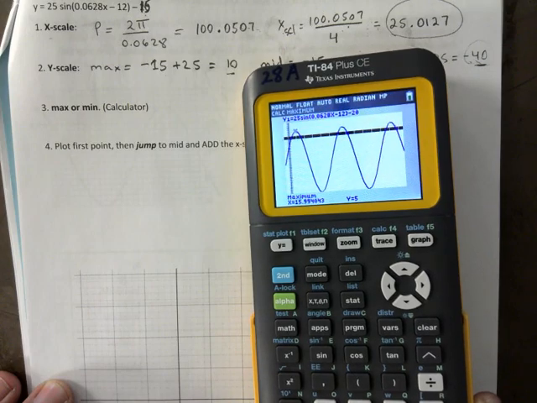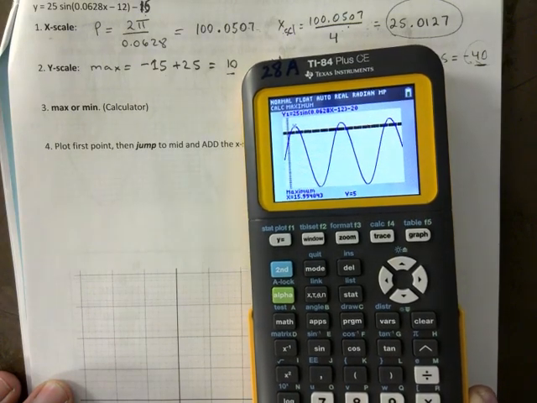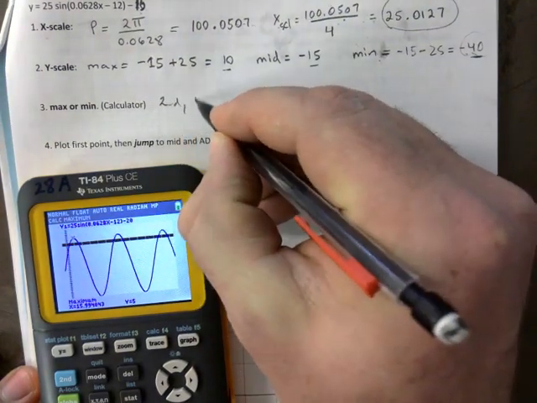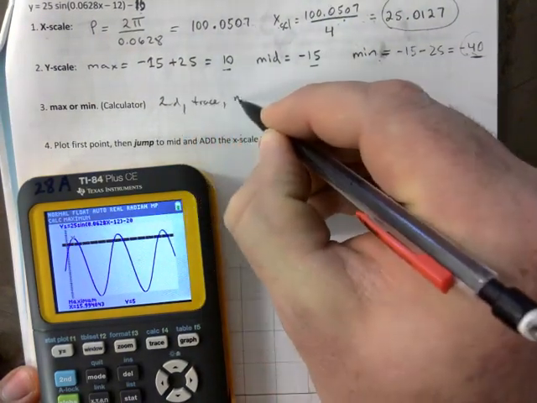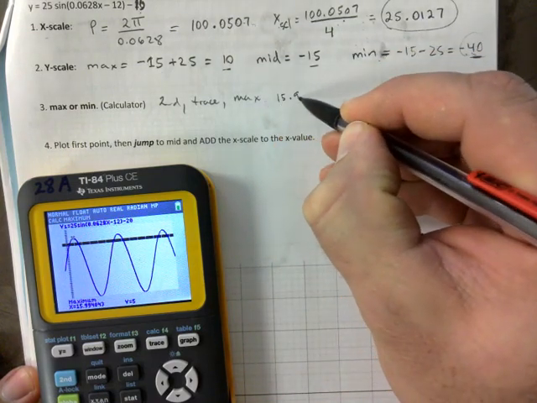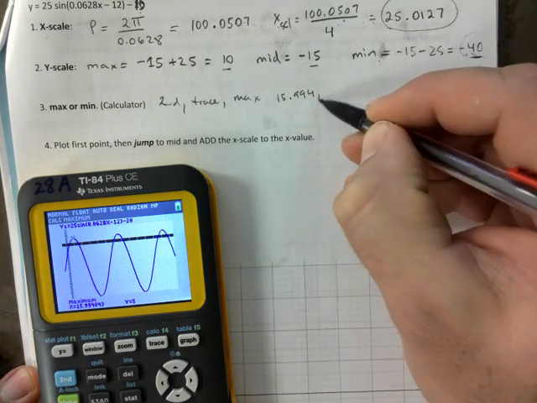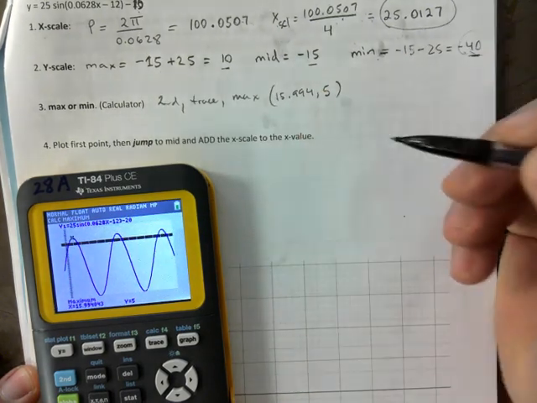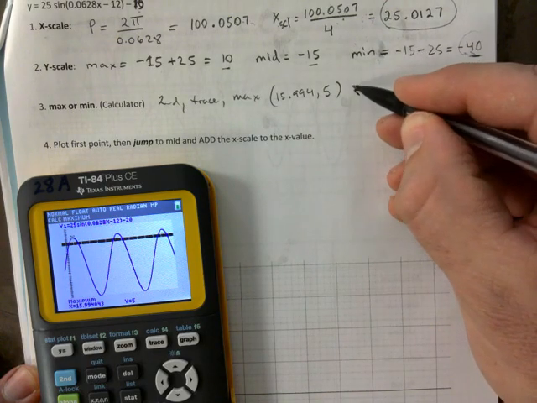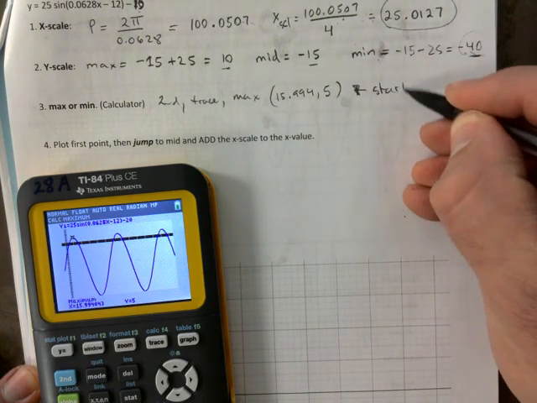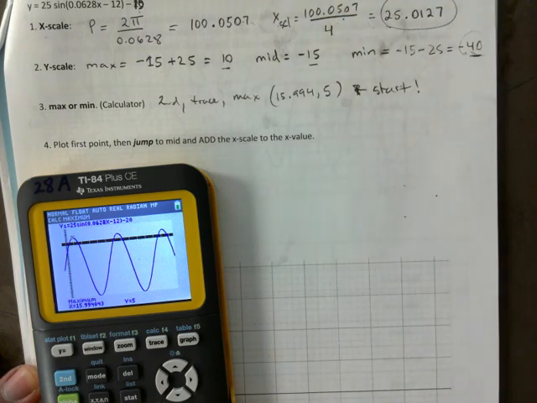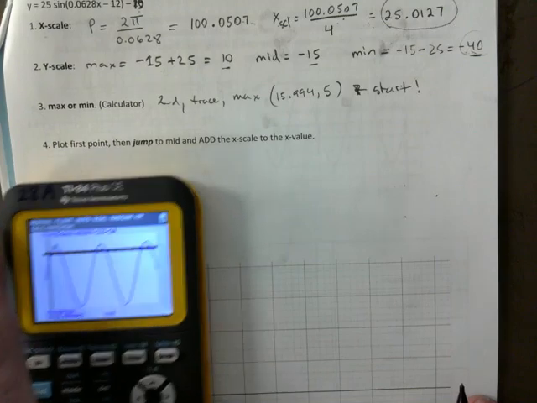It's basically 16, 15.994. And the maximum is 5, which we expected. This is what you start with. That's the first max I see.